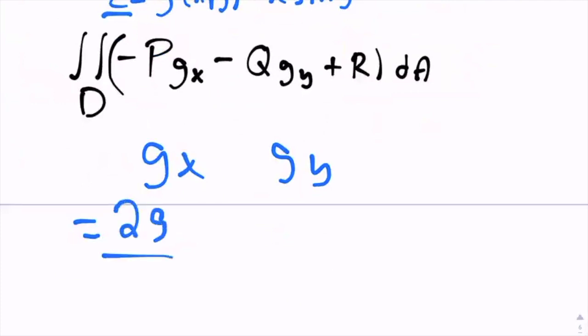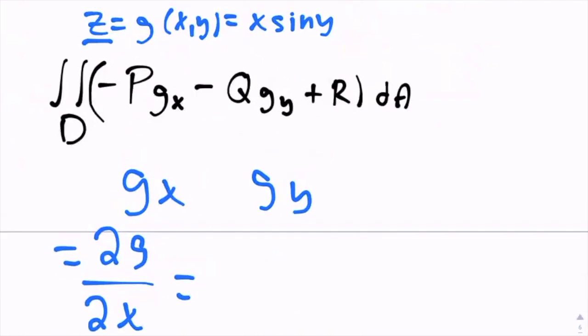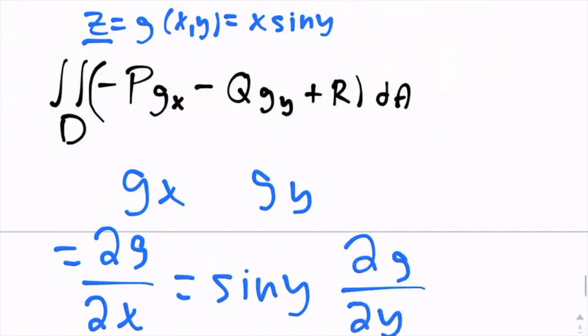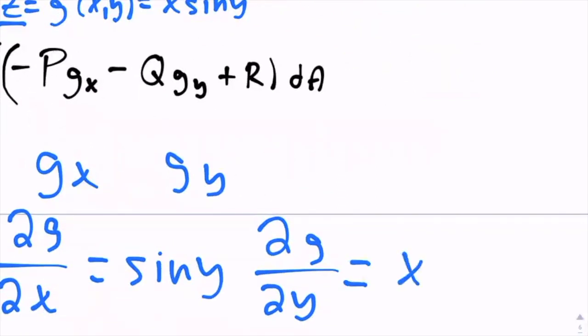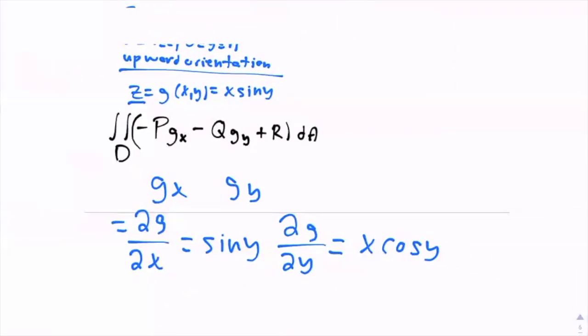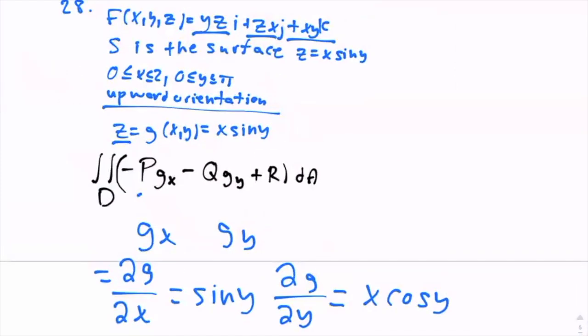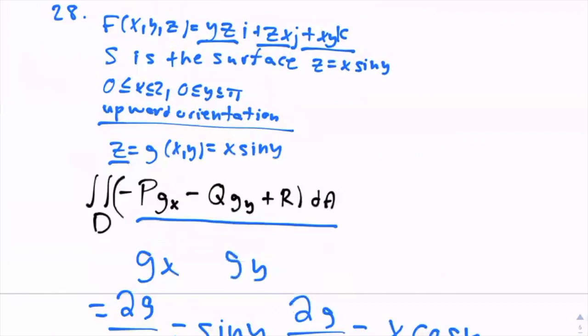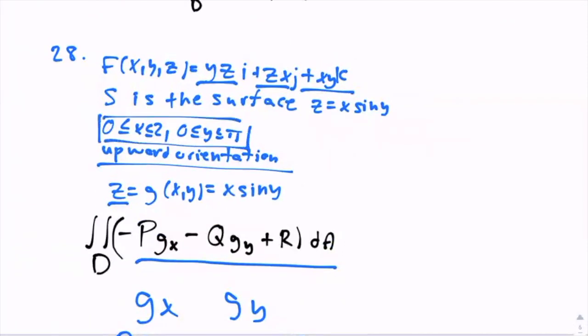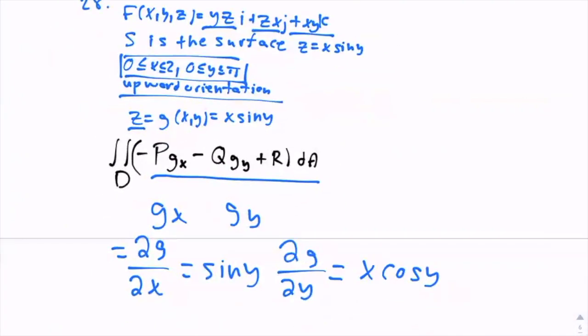Partial g with respect to x is just sine y, and partial g with respect to y is x cosine y. So we're ready to solve our vector surface integral, simply because we already have our bounds given to us, which is very nice, but oftentimes this might not be the case.